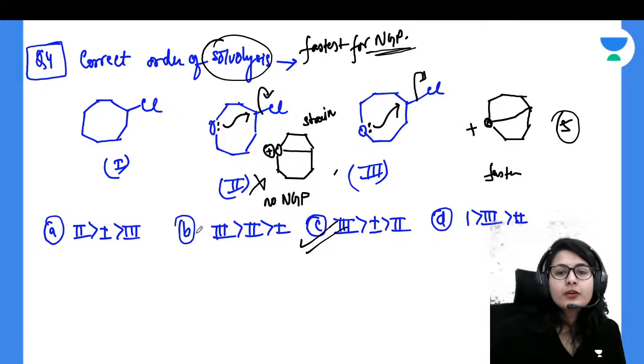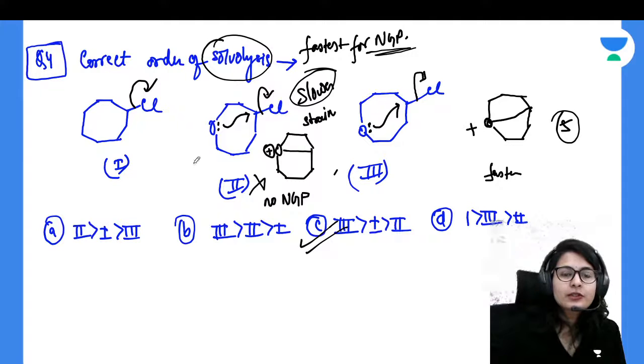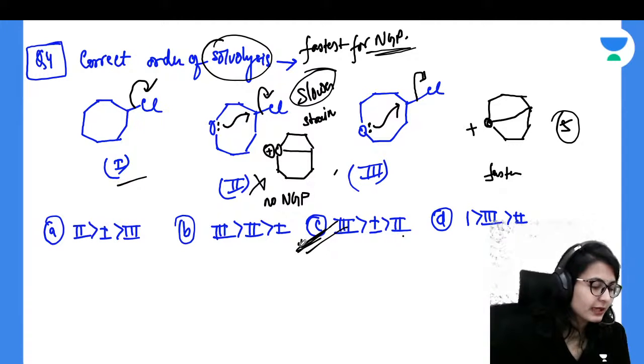So if it is not going through NGP, or even if it is going through NGP, it is a strained molecule and hence it is going to become a slower reaction as compared to your simple substitution. Right? So 3 is going to be fastest as compared to 1 as compared to 2 over here. So C is your correct answer because of strain. Absolutely. Yes.